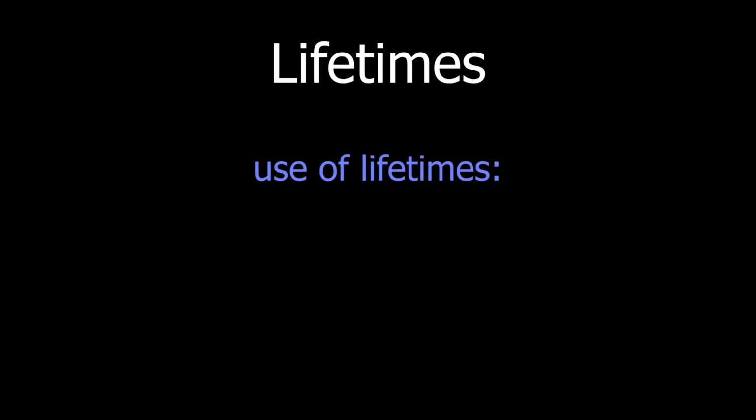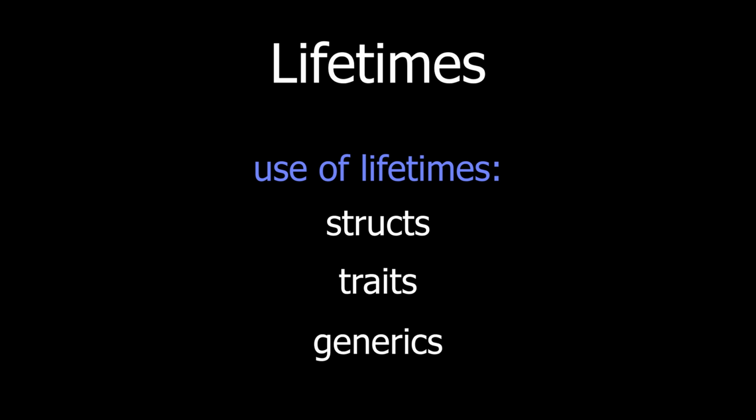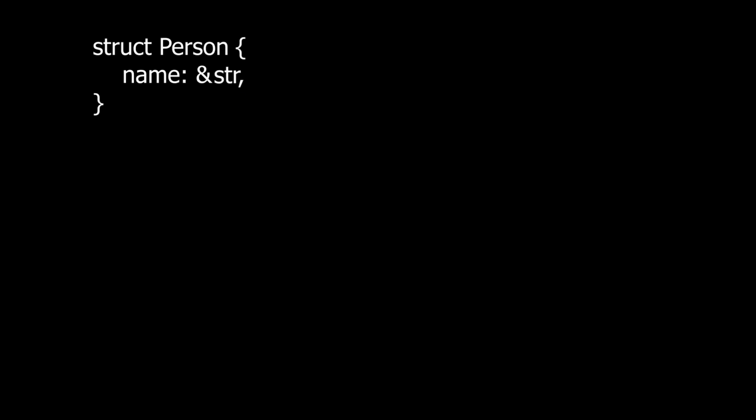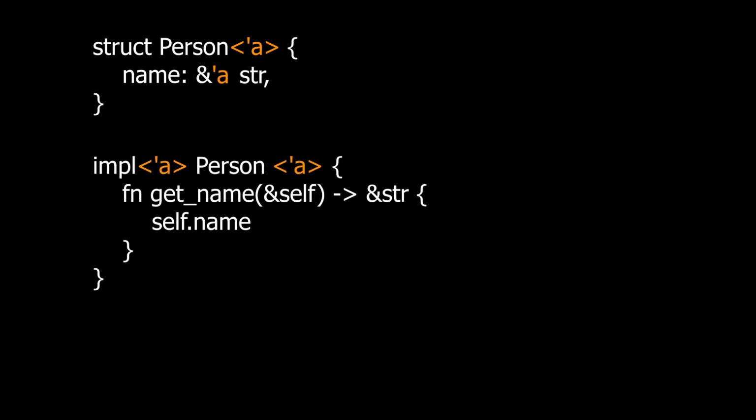Few important things to remember for lifetimes in types like structs, traits, or generics. For example, this struct contains reference values. In this case, you must specify lifetimes. Why? Because the struct does not own the data. It just borrows it. The struct cannot outlive name. And while writing the implementation block, you need to use the same lifetime used in the struct.